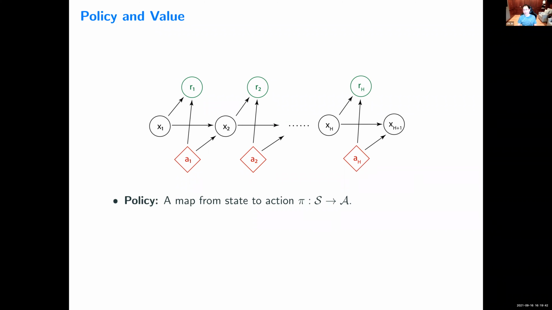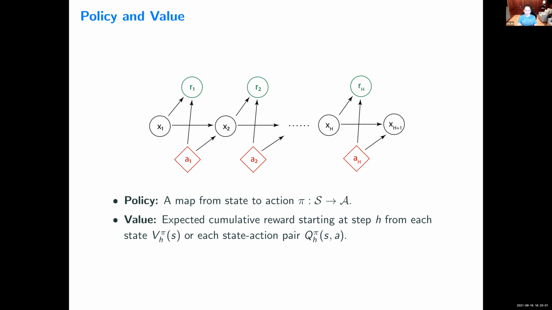There are several concepts that are important to talk about, which will be frequently referred to in the remainder of the talk. The first one is what we mean by policy. Policy means, at the current state, for example a configuration of the chess board, what action, what move, I'm going to take. So it's a map from the current state to the action. The other one is the so-called value function.